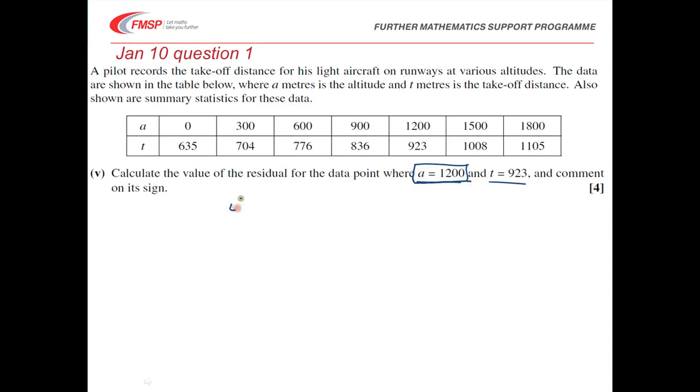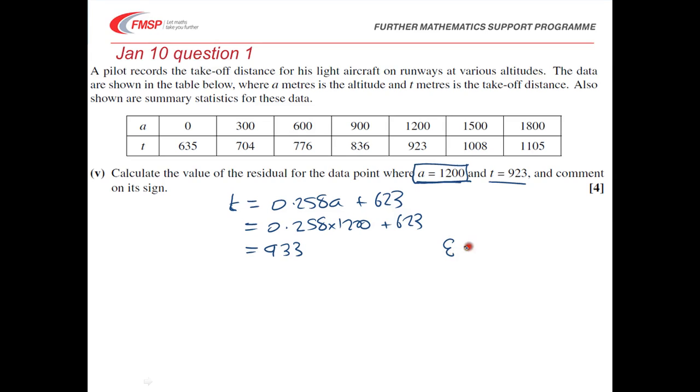So T is equal to, let's write the model again, 0.258A plus 623. So we work that out, 0.258 times 1200 plus 623. So that's going to give me a value of 933.